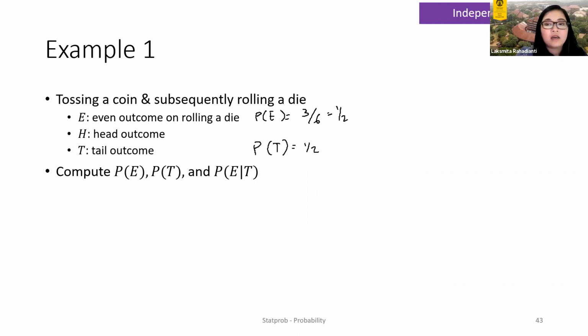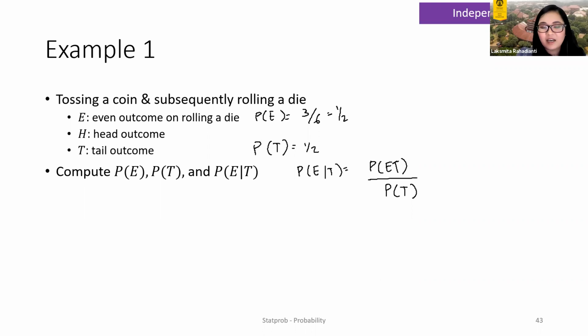Okay, and when I'm talking about P(E given T), let's try to compute that. P(E given T) is P(E and T) divided by P(T). Oh, I don't know this yet. Let's try to compute it.